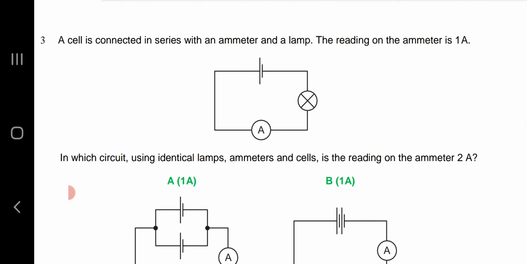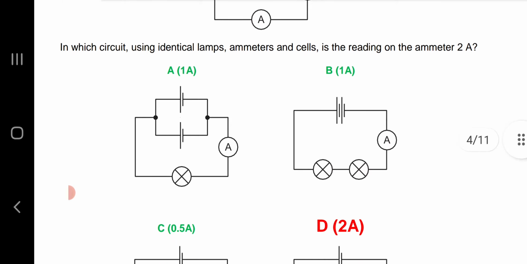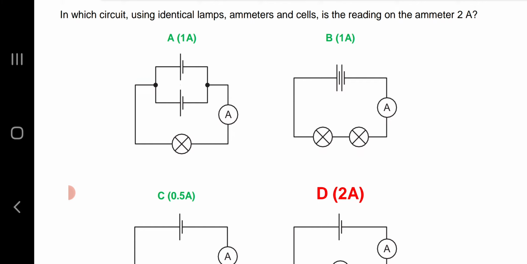Question number 3. A cell is connected in series with an ammeter and a lamp. The reading on the ammeter is 1 ampere. In which circuit using identical lamps, ammeters and cells is the reading on the ammeter 2 ampere? In option A, the ammeter will read 1 ampere because two cells are connected in parallel, so the effective voltage is the same as that of a single cell, and there is only one lamp, so 1 ampere flows through the lamp.